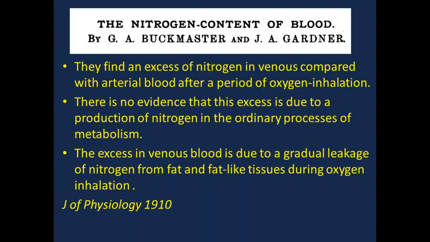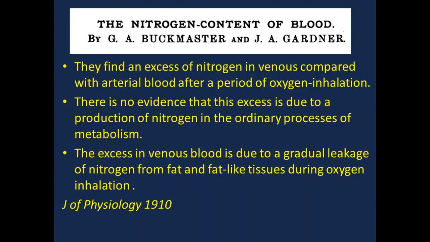They did that in animal subjects, and they found that when you give pure oxygen to the animal, the venous compartment will contain much more nitrogen than the arterial compartment. And the lung keeps getting nitrogen and exhaling nitrogen. It means that the body is losing nitrogen in this case.